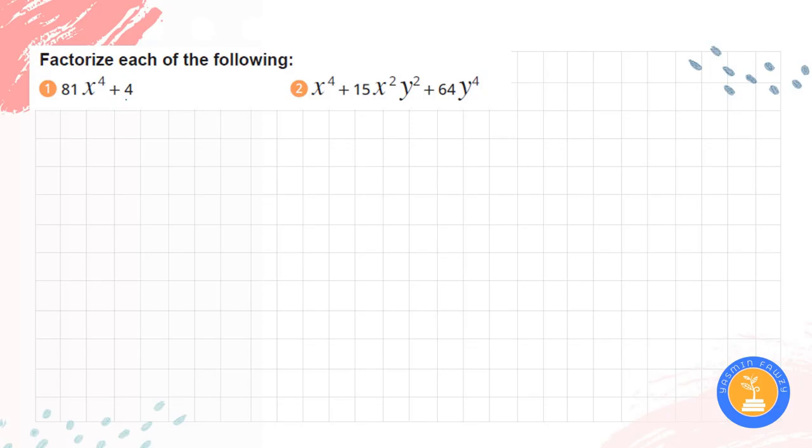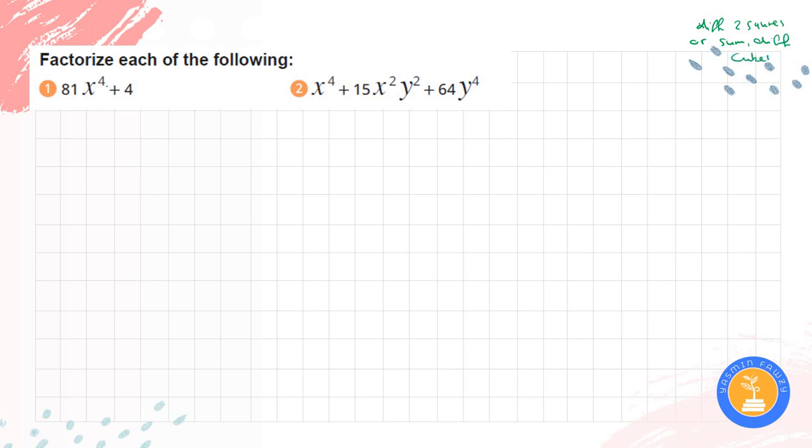Now we have a binomial, and we have talked about the fact that a binomial can be a difference between two squares, which means I can get the square root of the first and the square root of the second, but the middle sign has to be minus. Or it can be a sum or difference of two cubes.